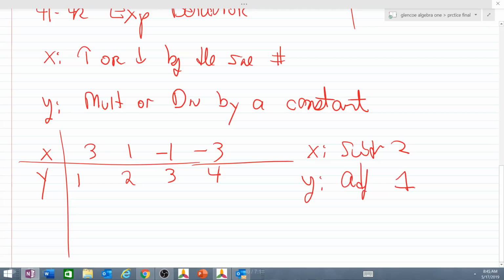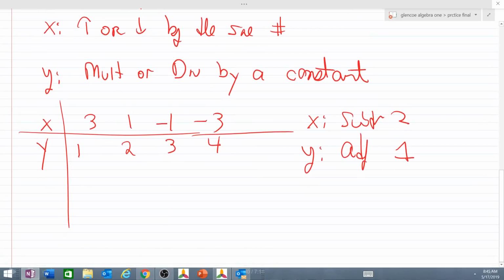So obviously this does not show exponential behavior. Why? Because the y's have to be multiplied or divided. The answer reads, no, the domain values are at regular intervals, but the ranges have a common sum of 1. No, choice A. Moving on, and we are having fun.